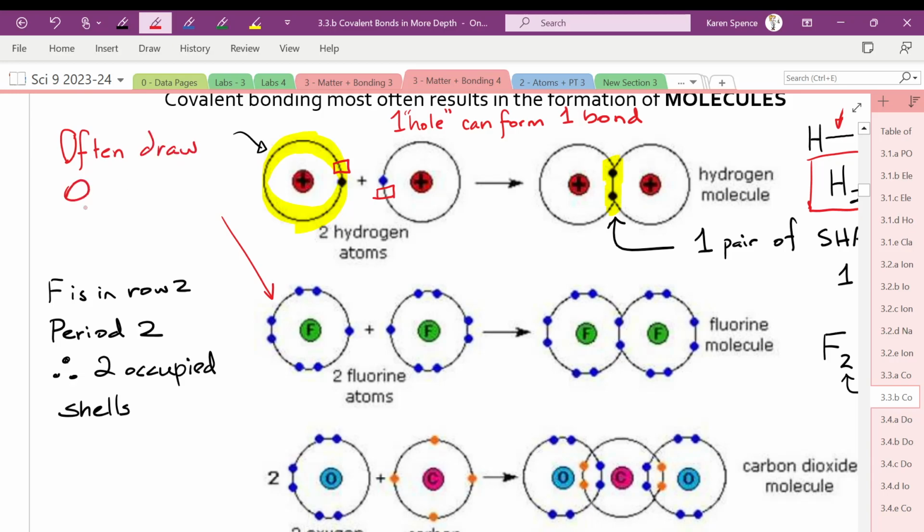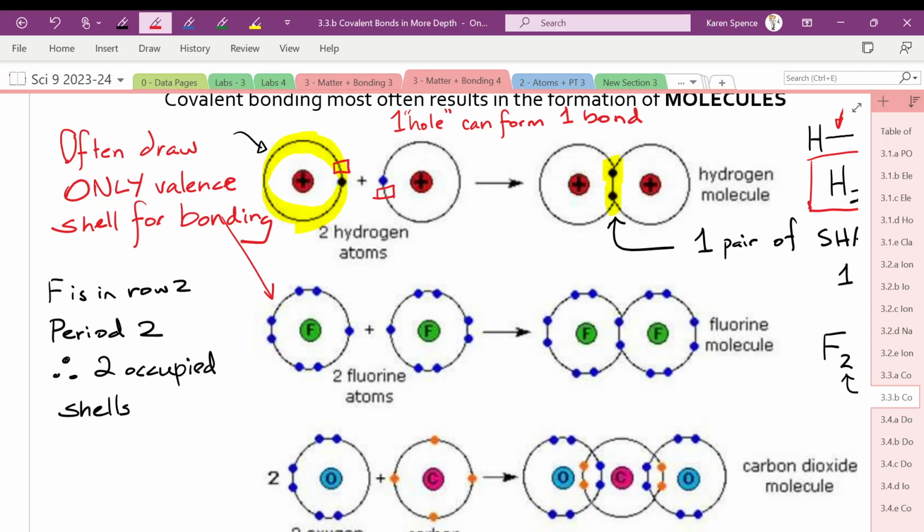Often we draw only the valence shell for bonding. Because the other electrons aren't involved in the bonding anyway, so why bother with them?